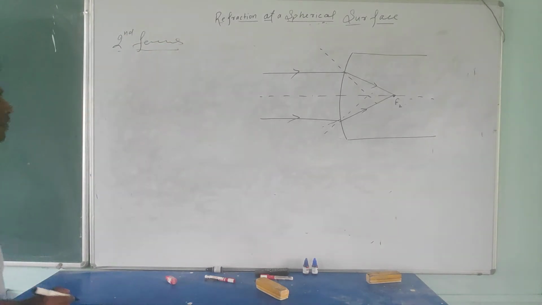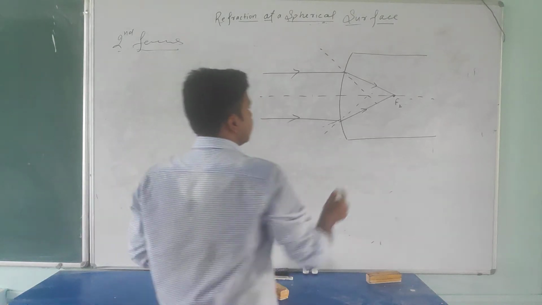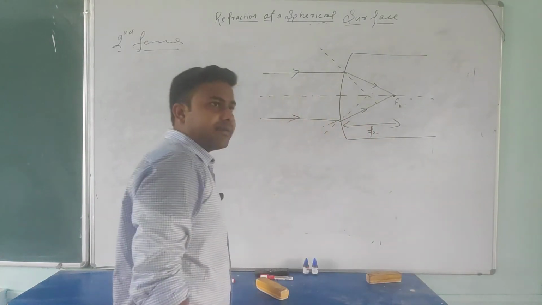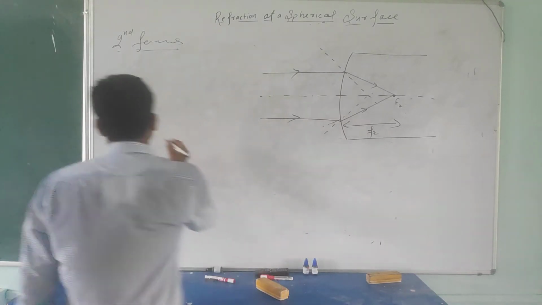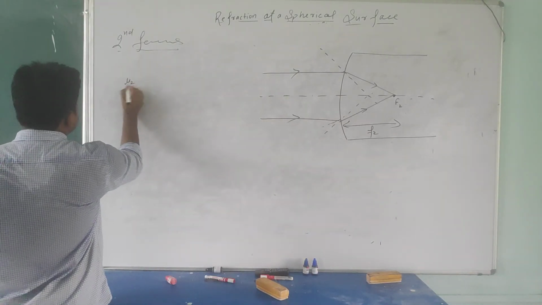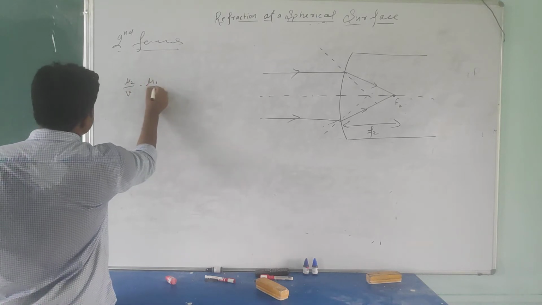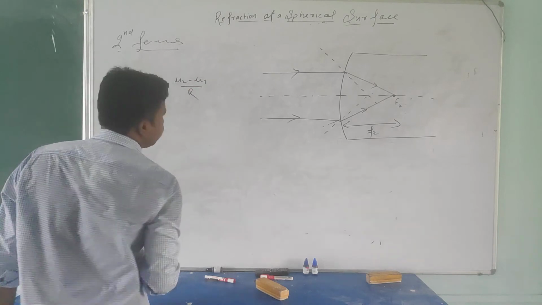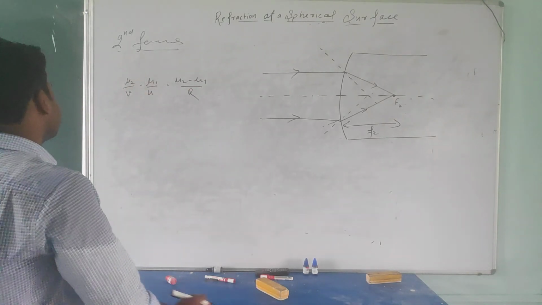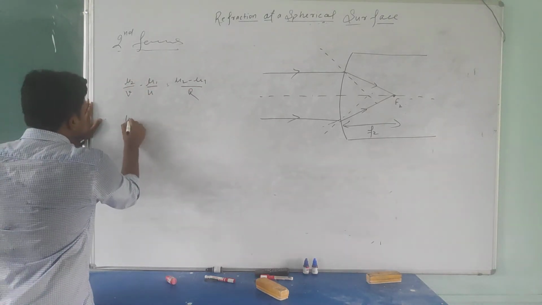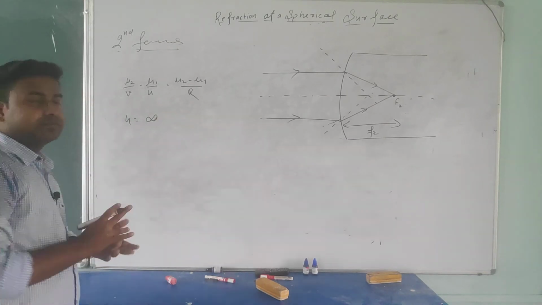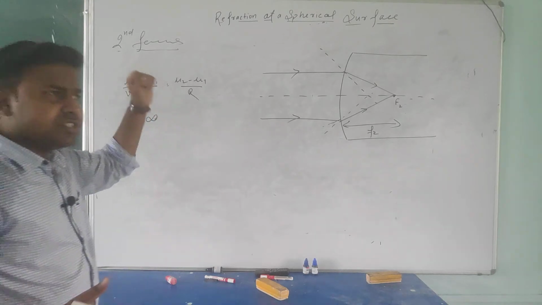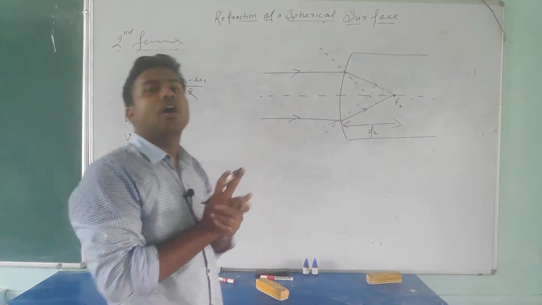Okay student, now where is the second focus? This point is F2, and this distance is small f2. Now here we have the same formula again: mu2 divided by v minus mu1 divided by u equal to mu2 minus mu1 divided by r. R is the radius of curvature. Tell me, student, here u is what? Infinity. V is what? I am not going to take the sign because this is valid for all the cases.